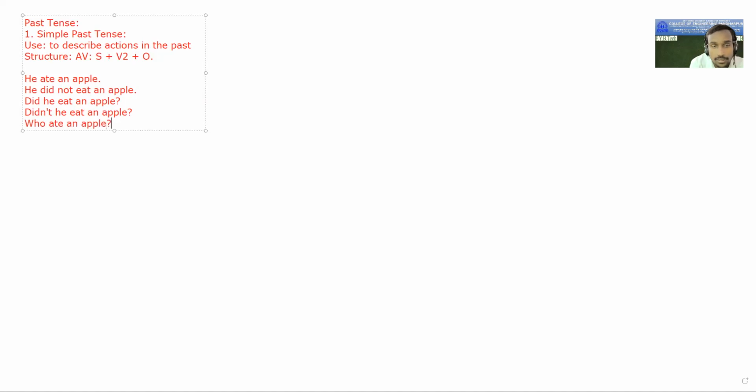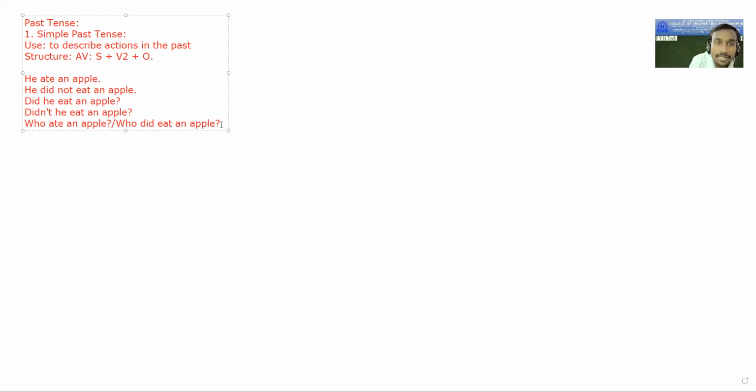That is right. And if you say "Who did eat an apple?", that is also right. Both ways are right. You just decide which way you find simple and convenient. If you think "who ate an apple", that becomes right. If you think "who did eat an apple", that is also right.